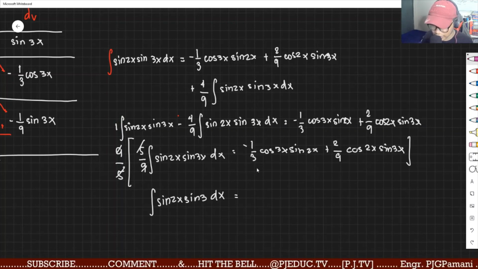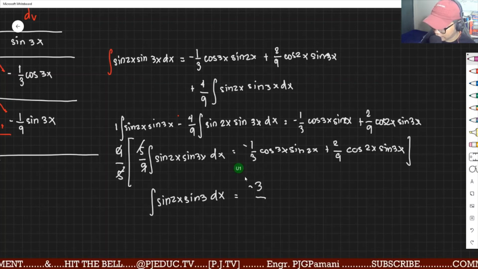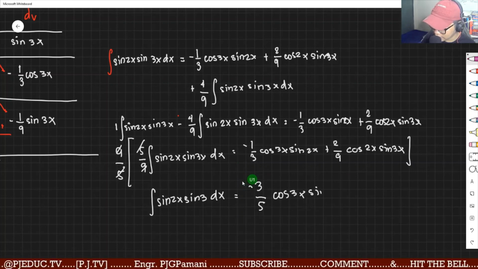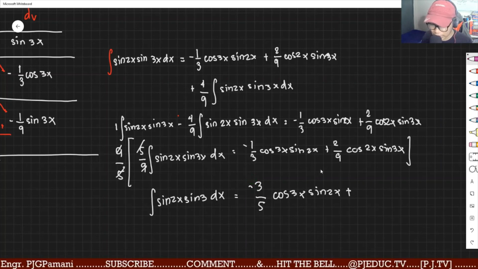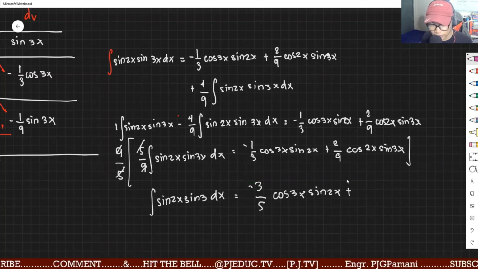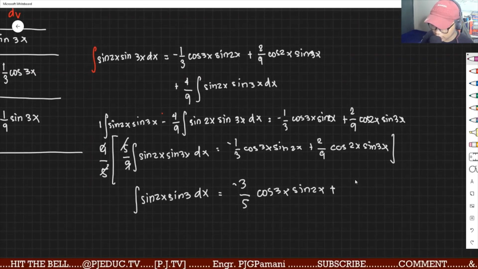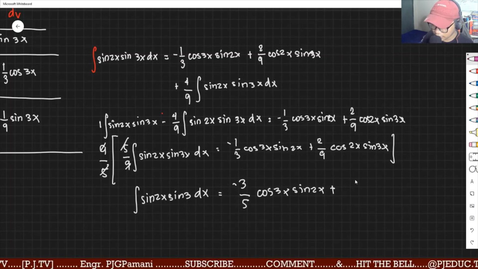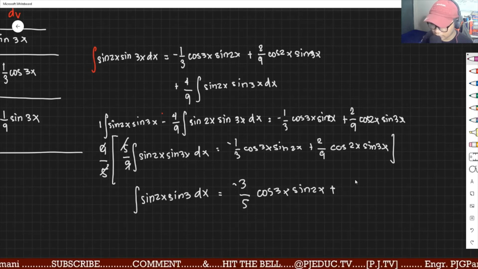Simplify negative 9 over 15, that is negative 3 over 5 cosine 3x of sine 2x plus 9/5 times 2/9, that is 18 over 45. Tama ba? 9 times 2 divided 9 to 18 over 9 times 5.